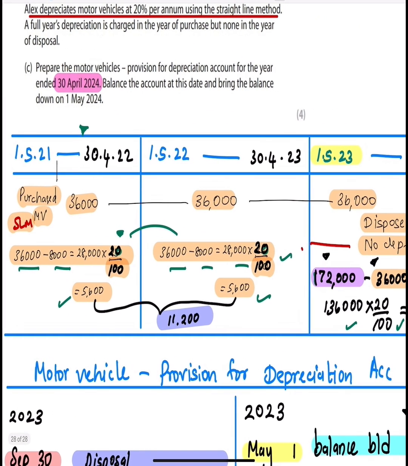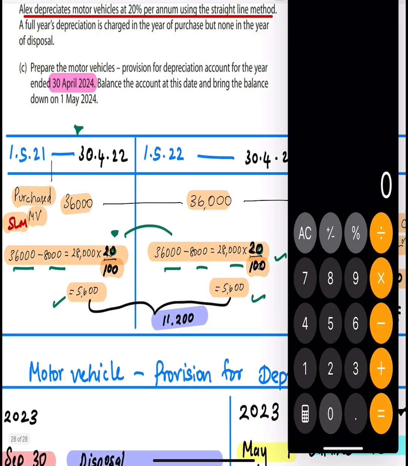So let's calculate the depreciation. 36,000 take away 8,000, the residual value. Therefore 28,000 at 20% should give 5,600. Since it's the straight line method, the same calculation will be followed for the next financial year, which is 5,600 again.